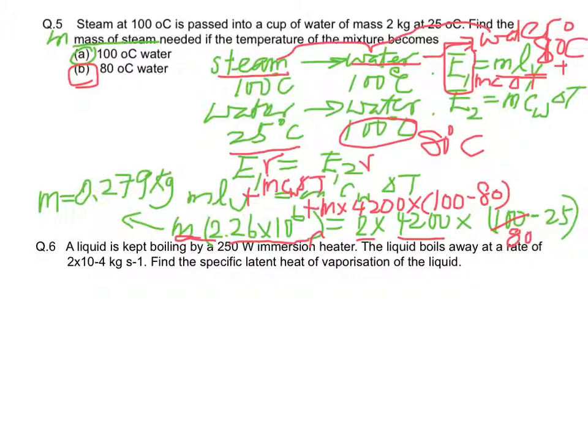Therefore, in part B, the mass of steam required is equal to 0.197 kilogram.